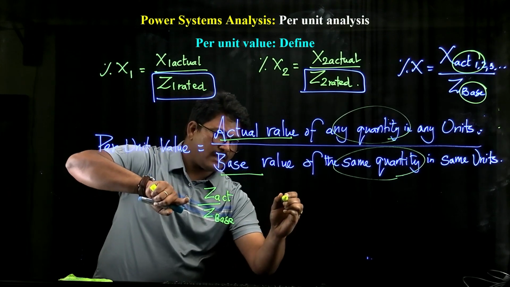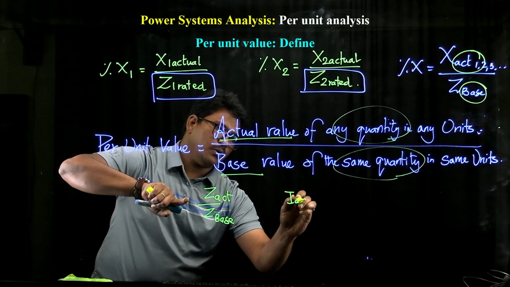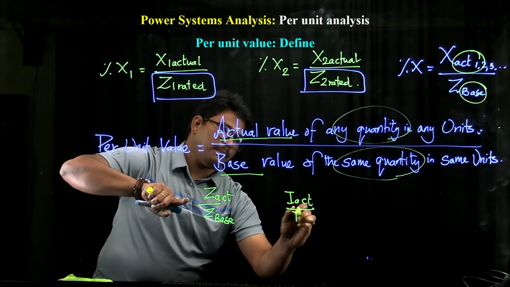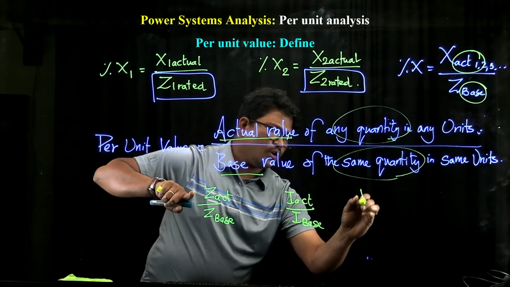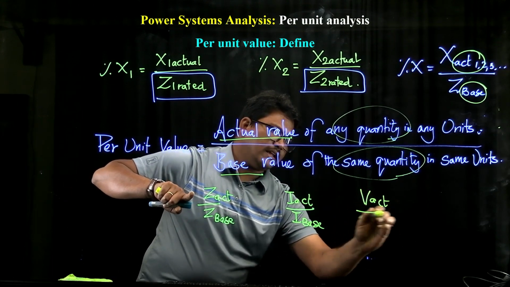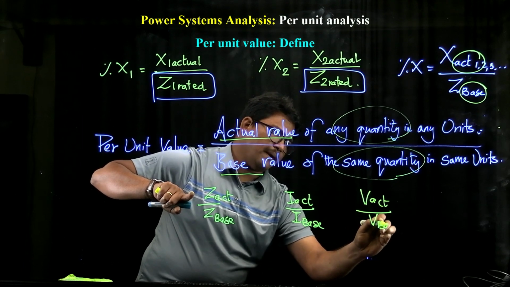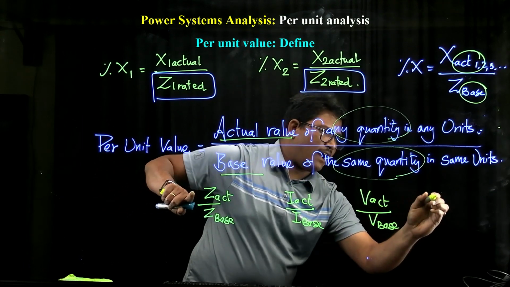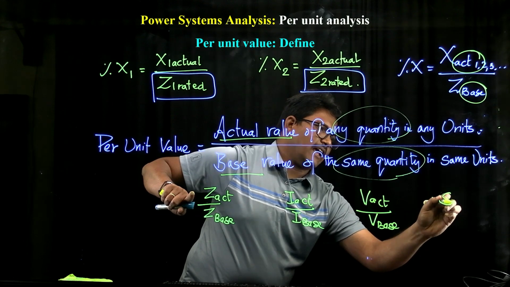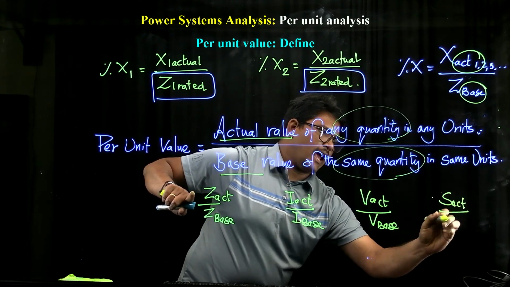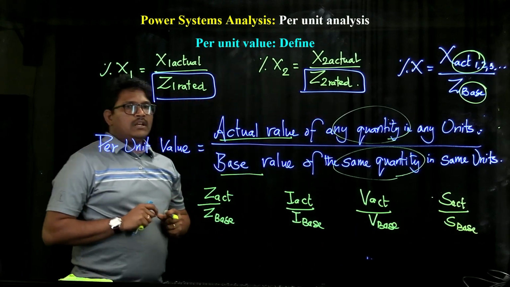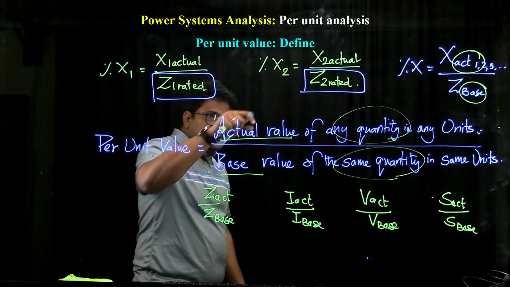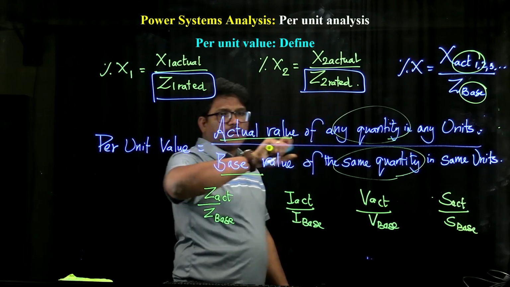Now if you're having the current actual value, then you will have the base value also to be current here. If you have voltage actual value, then you will have voltage base quantity here. If you have power, that is S actual value, then you will have your S base here. That's what you mean by having the same quantity in the numerator and denominator.